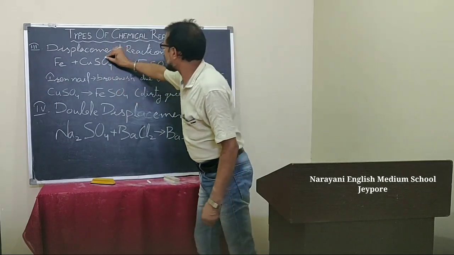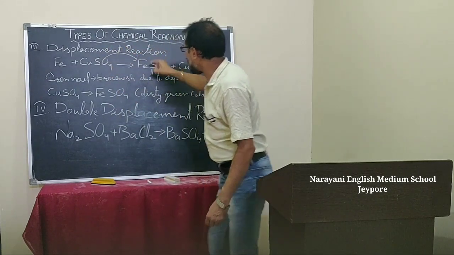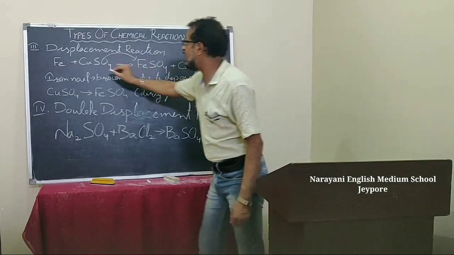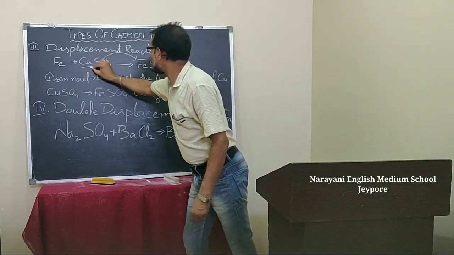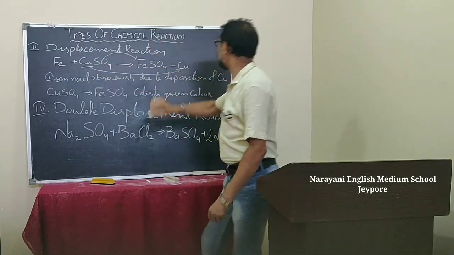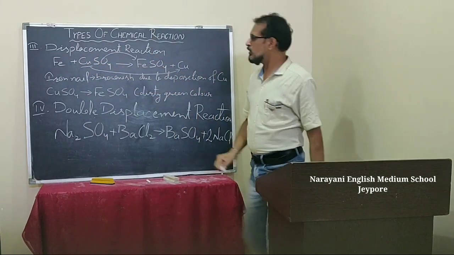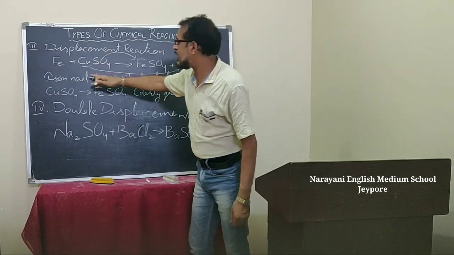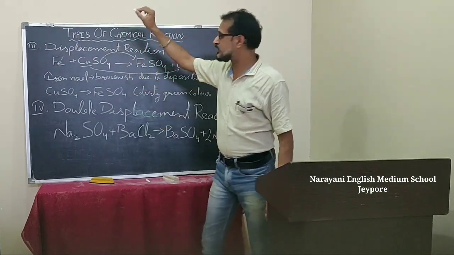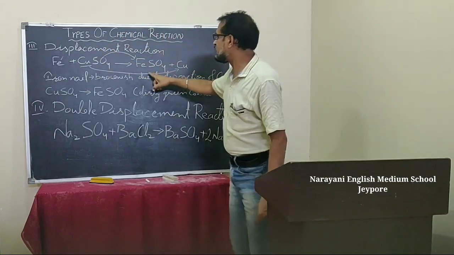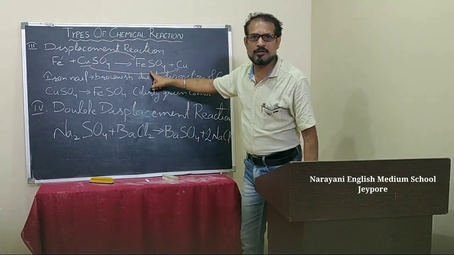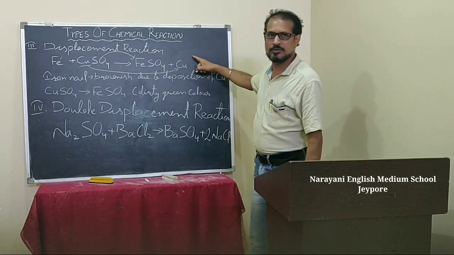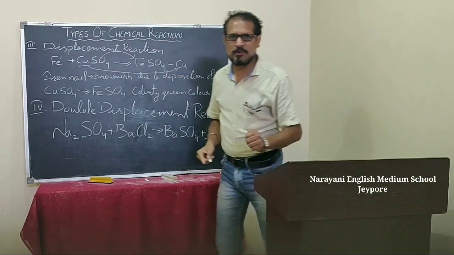So here copper sulfate changed into ferrous sulfate, and the copper was displaced out. So, Fe plus CuSO4, they reacted with each other, but as iron is more reactive than copper, iron reacts with copper sulfate, takes copper out, and copper is now alone. This is known as displacement reaction.